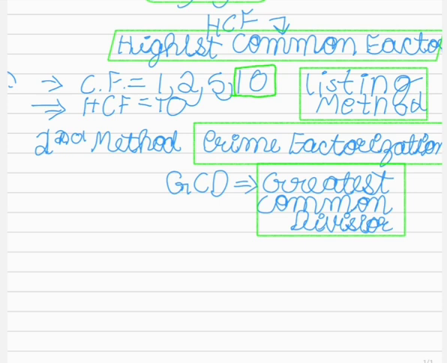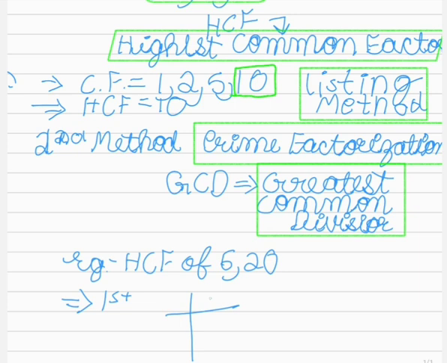What do we have to do in prime factorization? For example, you have to find the HCF of 6 and 20. In the prime factorization method, first step, break down the given numbers into their prime factors.